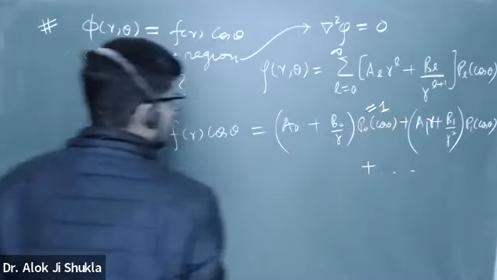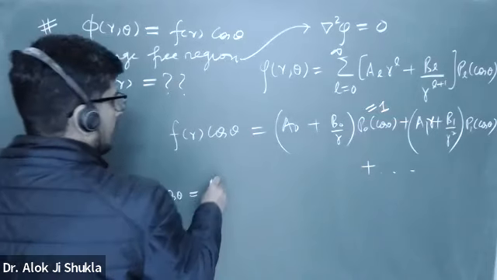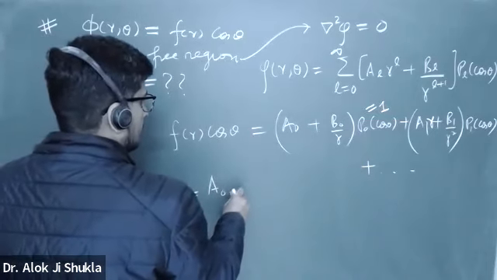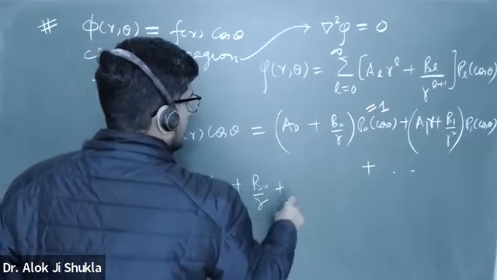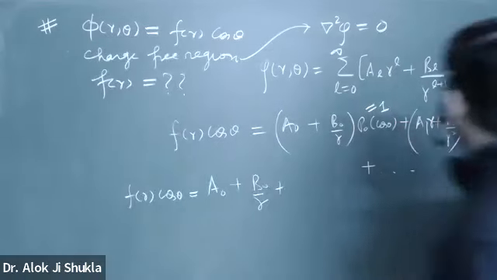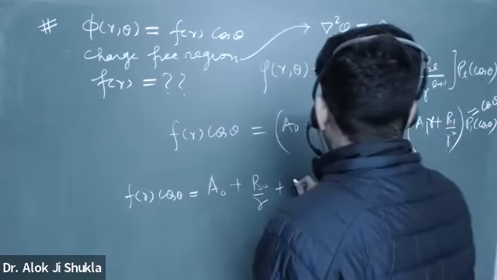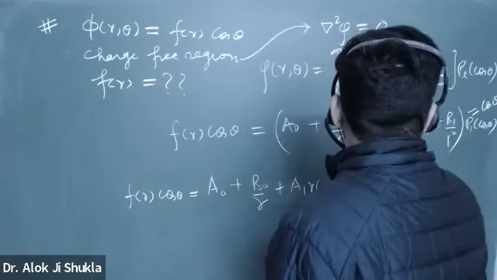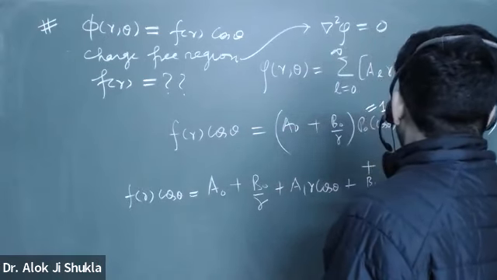So when you write f of R cos of theta, P0 is what? 1. So you have A0 plus B0 by R. And P1 cos theta is what? It is cos theta, right? So it will become A1 R cos theta plus B1 by R square cos of theta.